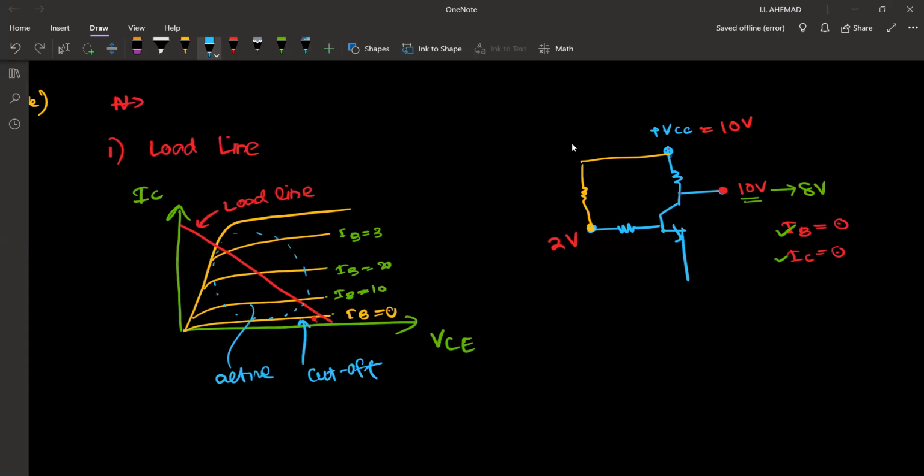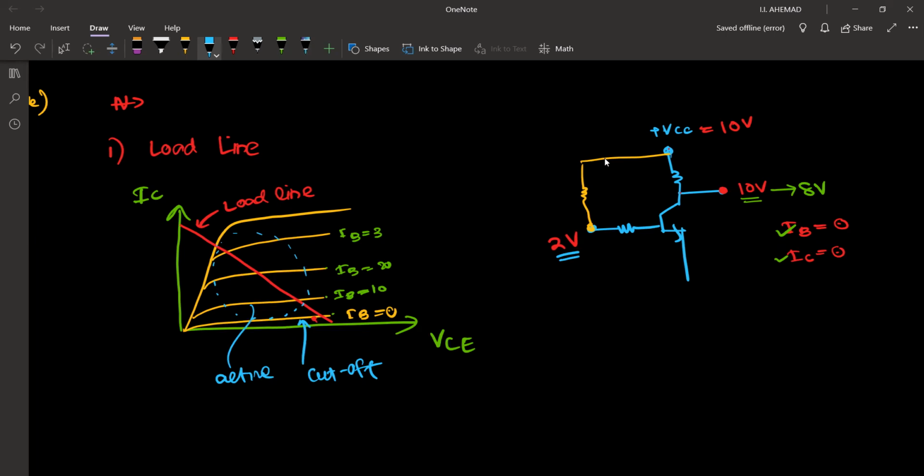Now, how does this become the saturation region? When I am increasing the input voltage little by little, the working point is moving up and going behind, and it goes behind this point where we are not able to get an IC value.